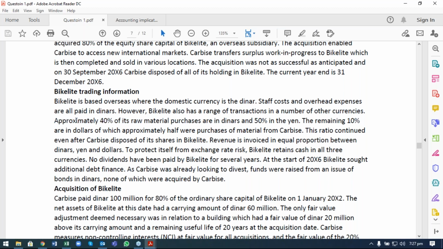For example, 40% of the selling was done in dinars, 50% in yen, and 10% in dollars. So based on the first primary factor, we are not able to find out whether the main currency in which the selling prices were decided is completely visible to us in this scenario.